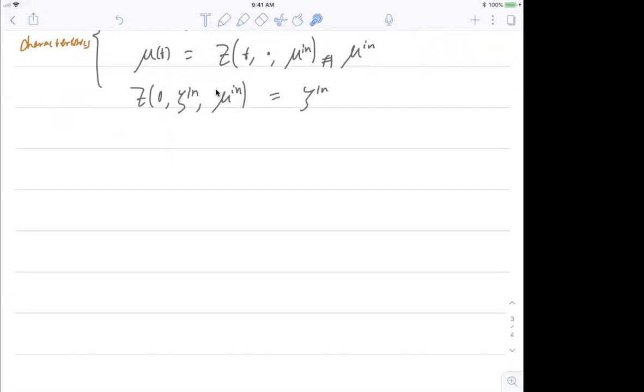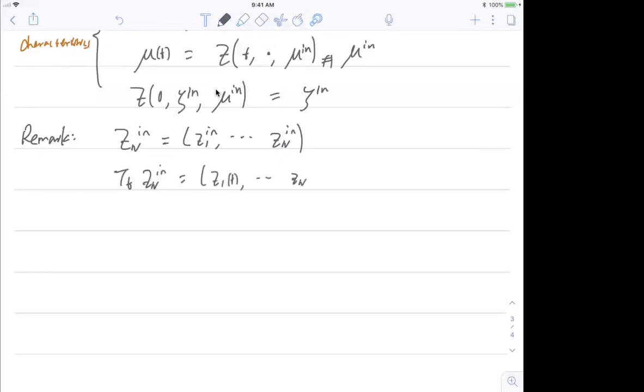So if we start from an empirical measure, so let's say we're starting from initial empirical measure, so this is the initial data. So Z_N initial is just the solution of the ODEs. So these are ODEs.